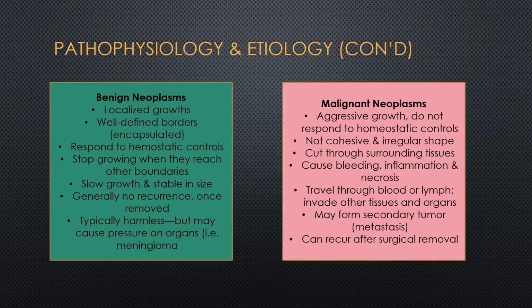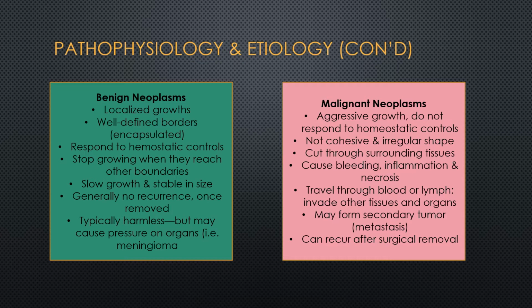When we're looking at the pathophysiology and etiology of cancer, we look at them differently with the benign neoplasms and malignant neoplasms. Benign neoplasms are localized, gross. They have well-defined borders, or sometimes they'll say that they're encapsulated, which means they're fully contained in that capsule, so to speak. They respond to homeostatic controls.